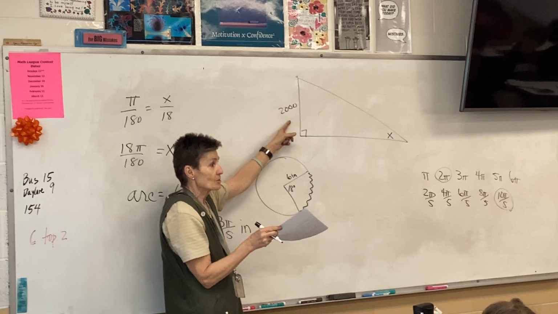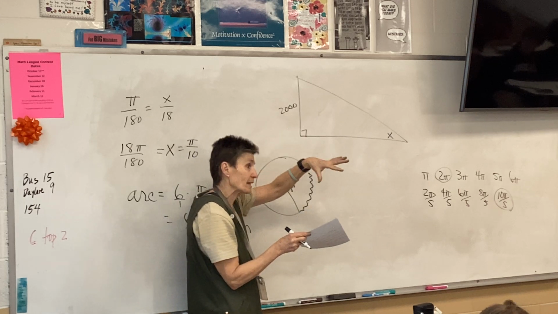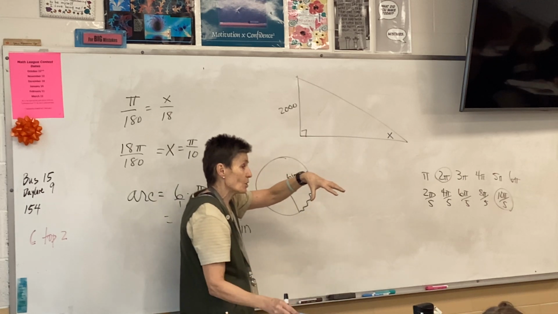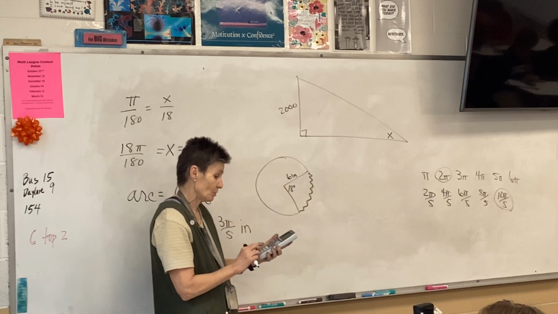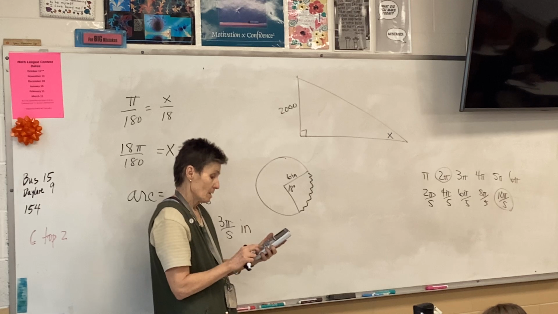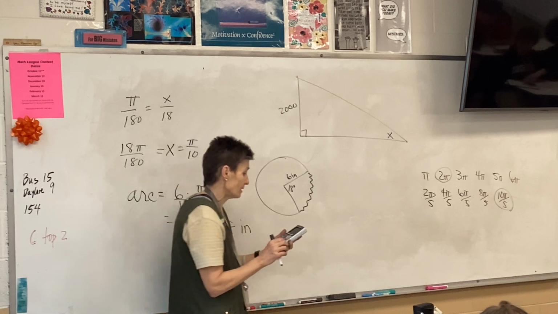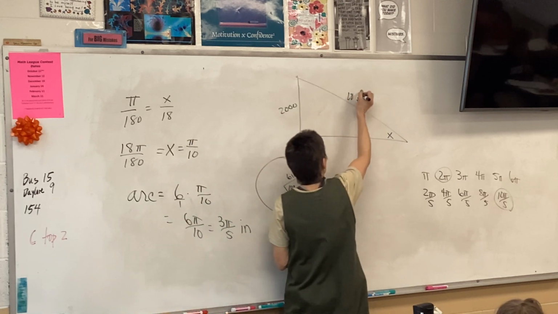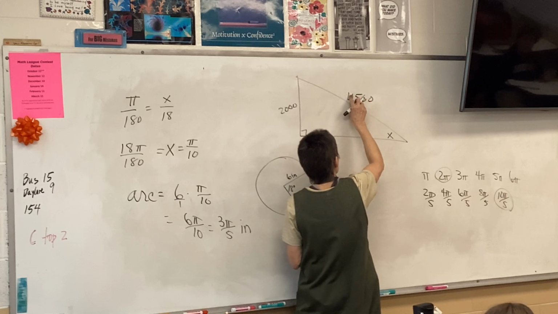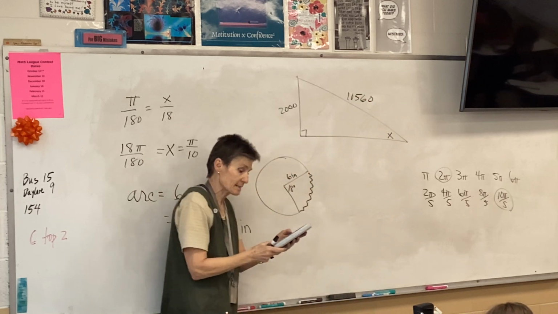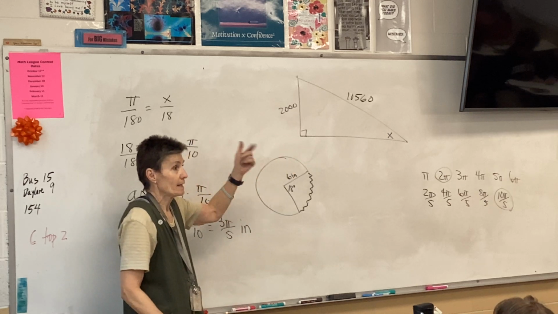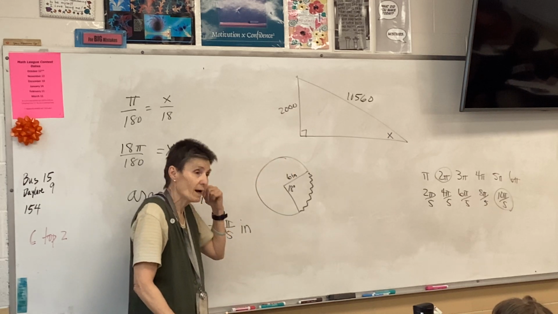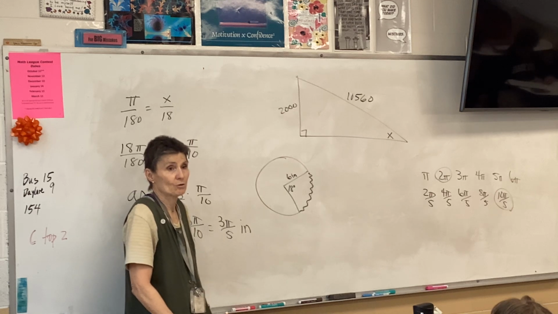You have the hypotenuse, but I gotta change it into feet. 5,280 feet times 2 is 10,560. You gotta be careful, because some of you will just slap a 2 up there, and it's not going to be right. So make sure your units match.